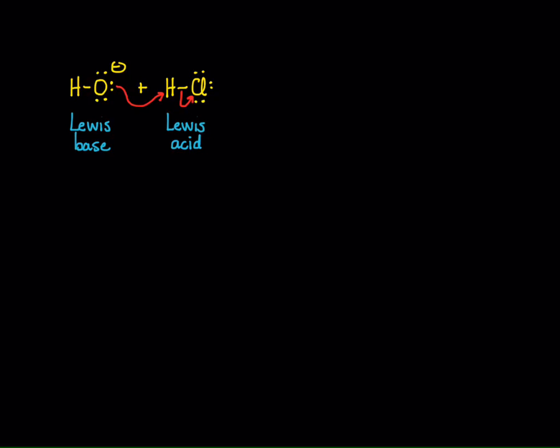A bond breaks because we're filling electrons into an antibonding orbital, and the pair of electrons in that HCl bond go to the chlorine to make chloride. And so we produce water and chloride. But we can certainly think of this as a Lewis acid-base reaction.